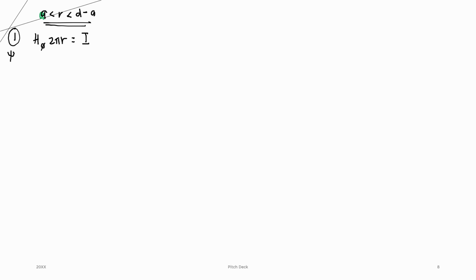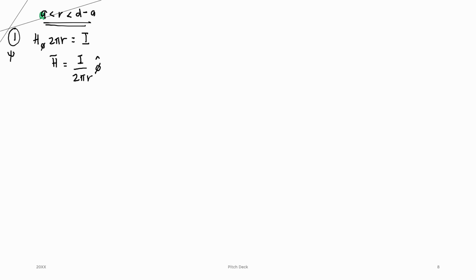The I enclosed, the total I that is inside that structure, is going to be I. So we are able to get the value of H equals I over 2 pi r, in the phi direction.